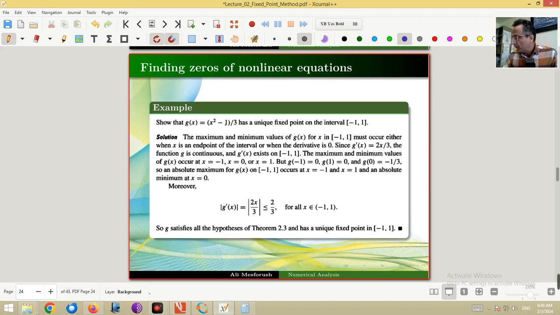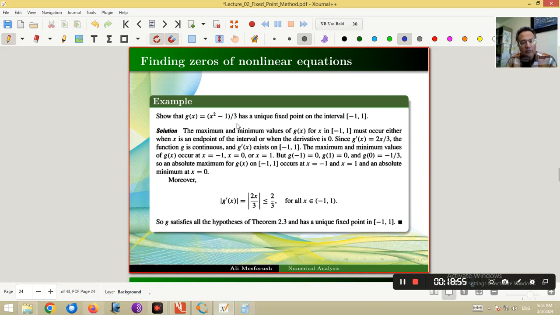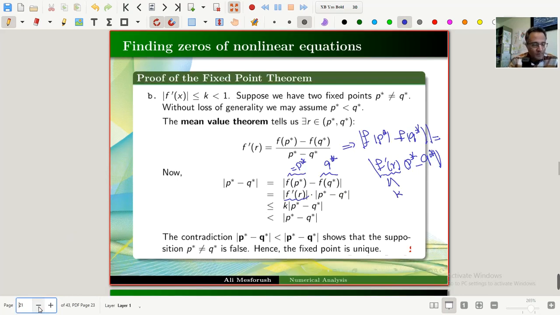As an example, consider the function g of x equal to x squared minus 1 over 3. Let me have a look at the theorem one more time. Here.